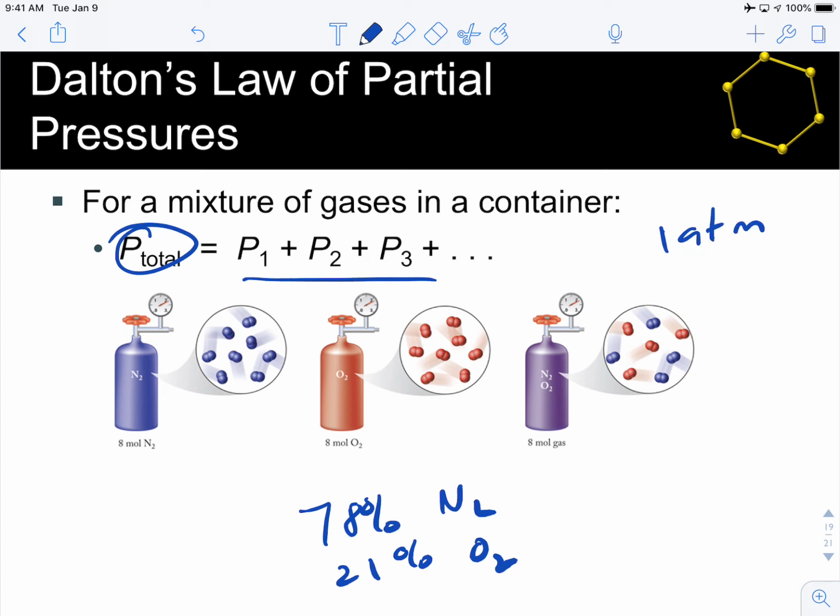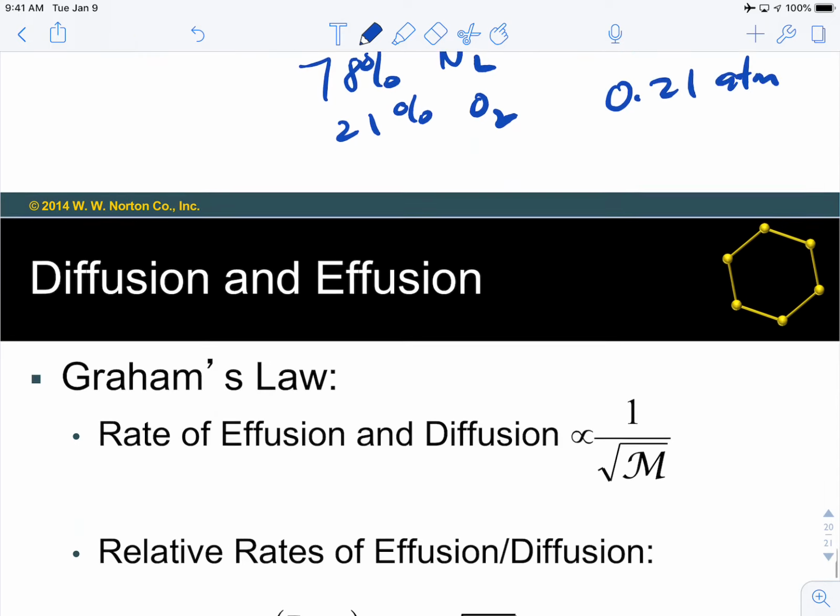That fraction is equivalent to the fractional pressure, which means at atmospheric pressure, the pressure of nitrogen will be 0.78 atmospheres, and oxygen will be 0.21 atmospheres because that's the percentage of the gas that it represents. So it represents a percentage of the pressure.